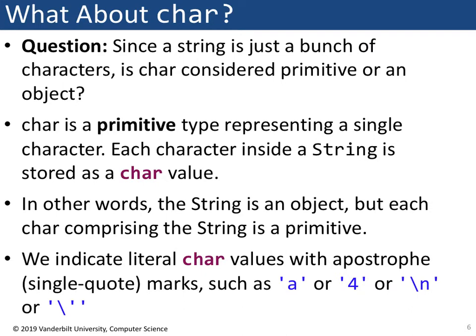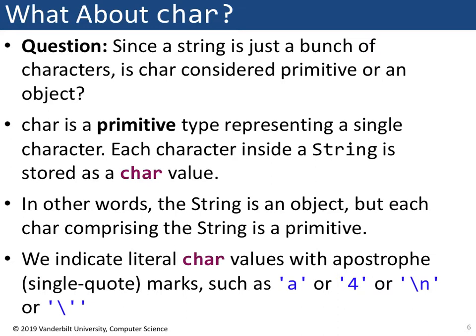It would be cumbersome if we needed to have a variable for every letter in a word. That would get old and annoying. So it's much easier to have a data type called string, which contains multiple characters, and it does that heavy lifting for us. Under the hood, each individual character in that string is a char value.